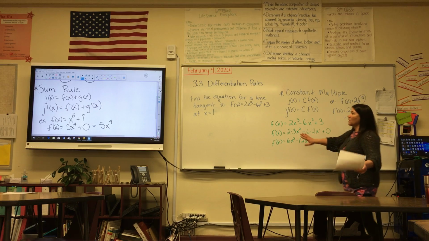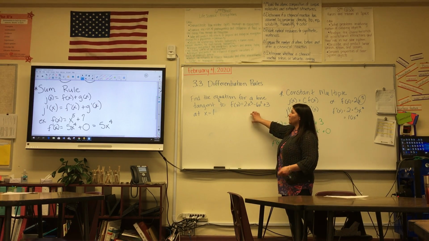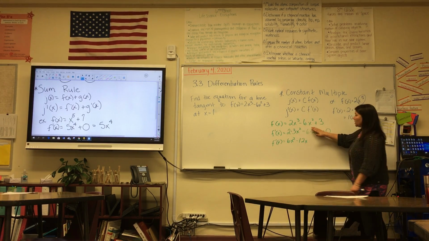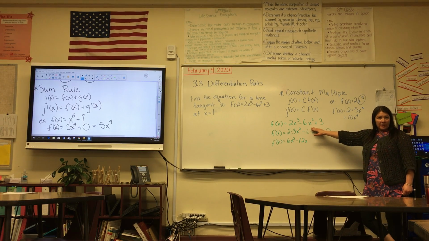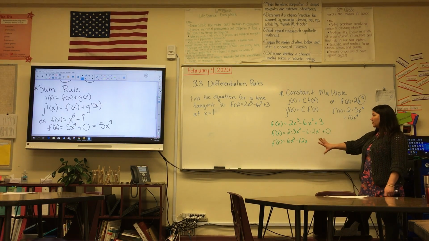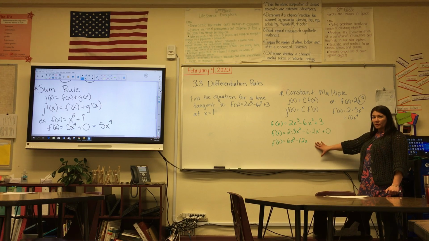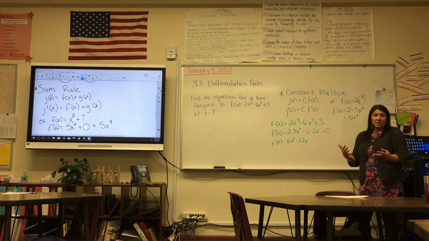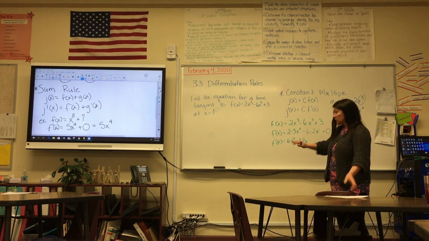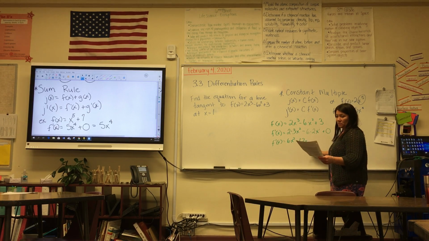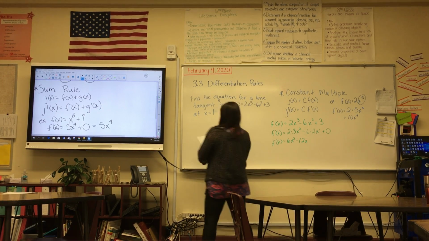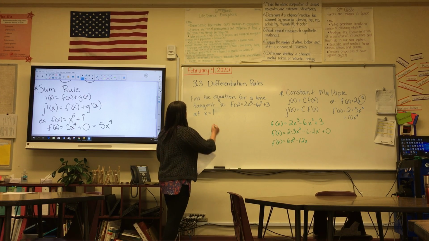Only the slope. If I want to find the equation for a line that's tangent to the graph at x equals 1, I have to take this slope and put it in the equation for a line. Because this is only the slope of the tangent line.